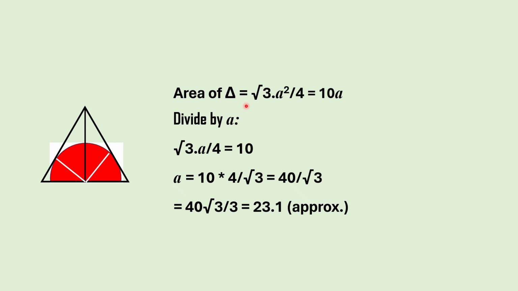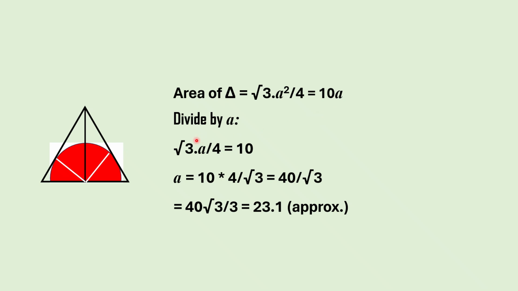So write root 3 A square by 4 equal to 10A, because both of them are representing the area of the equilateral triangle. So equate them and divide by A, because A is not 0. Root 3 A square by 4 becomes root 3 A by 4, and 10A becomes 10.